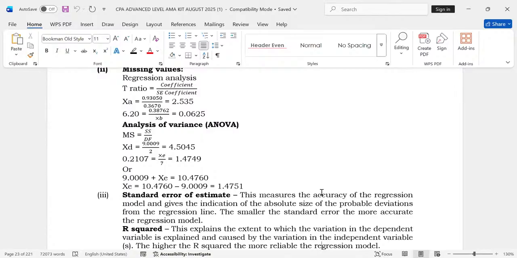So right there, this measures the accuracy of the regression model and gives the indication of the absolute size of the probable deviations from the regression line.